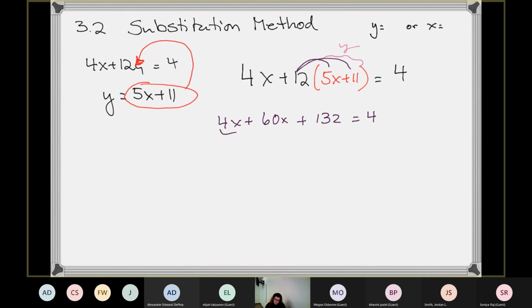Combine like terms, 64x, and let's just subtract the 132. 64x equals negative 128. You divide by 64. X is equal to negative 2. Beautiful.